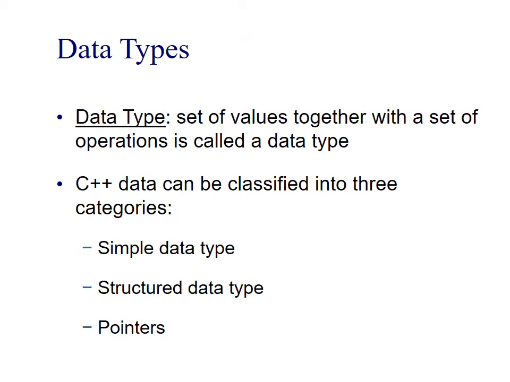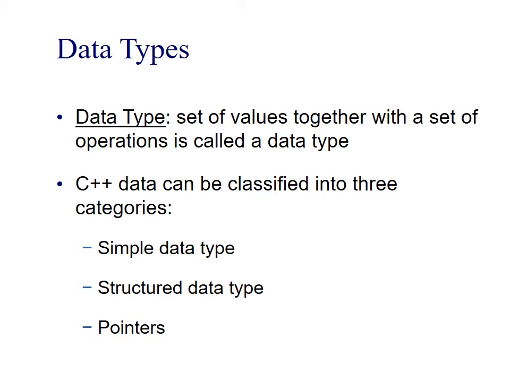A set of values together with a set of operations is called a data type. In C++, we have classified data types into three categories: first, simple data types, then structured data types, and we also have pointers. Pointer means a reference, like when we point our finger somewhere.